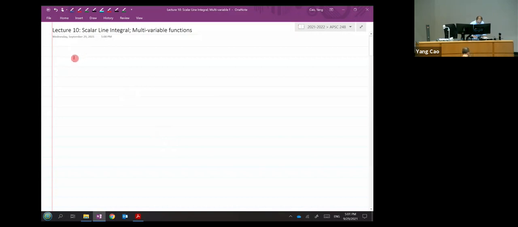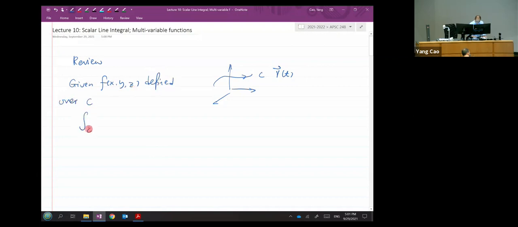Scalar line integral, just a very quick review: if you have a curve C defined by a parametric equation r(t), and given a function f(x, y, z) defined over C, then you integrate this function f over the given curve C. So this is essentially what the scalar line integral is.